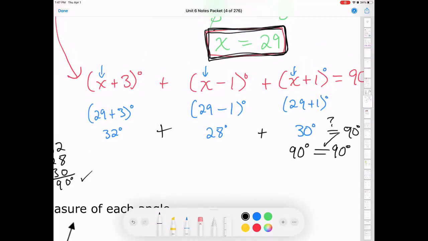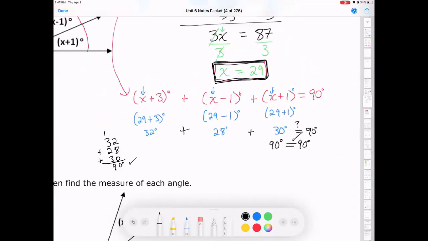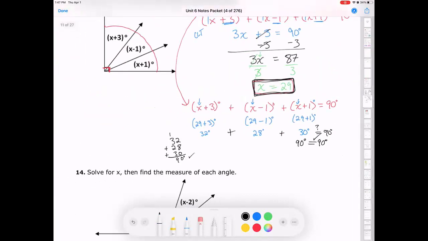And on top of that, we have found each individual angle measure. So for our first one, that x plus 3, we found that to be this 32 degrees when we plugged our x in. For our x minus 1, we found that to be 28 degrees.